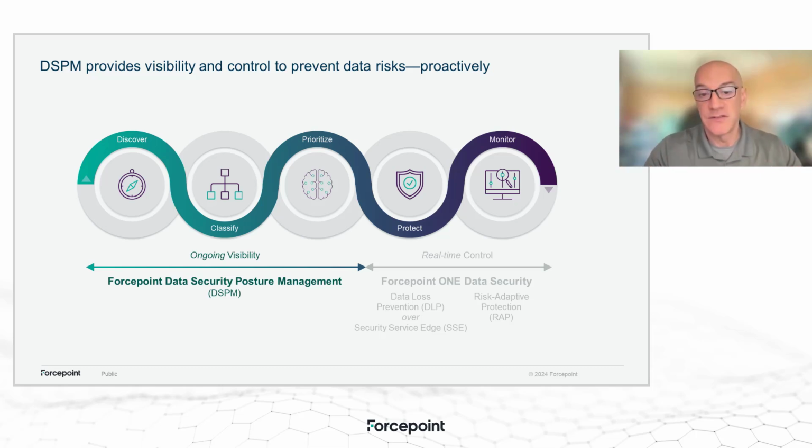It's a proactive approach to data security, and then it complements over to the right where we have the protect and monitor pillars, which provide that real-time control or that active security. And that entails products like our Forcepoint DLP, our Security Service Edge, and then also Risk Adaptive Protection. Bringing all of this together, we're able to help organizations maintain that security.